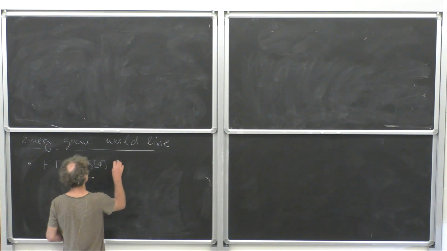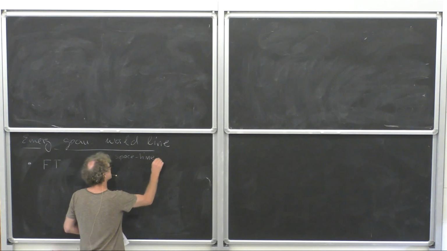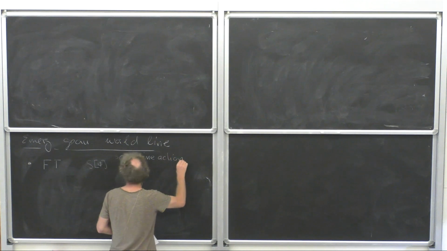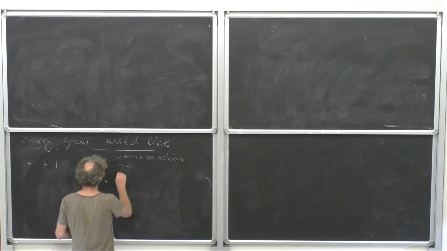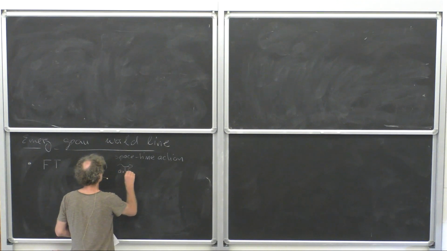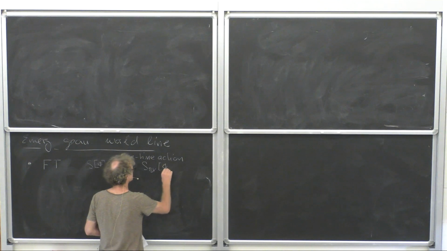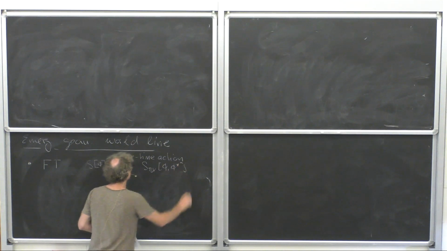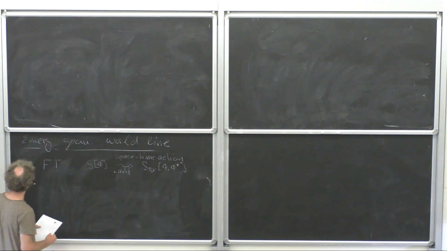So we have some space-time action, and then we add anti-fields to get a BV action of phi and phi star. That would perhaps be the standard approach when you're doing field theory.